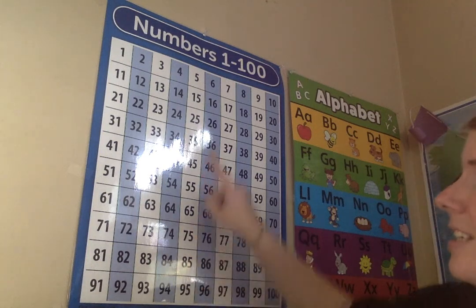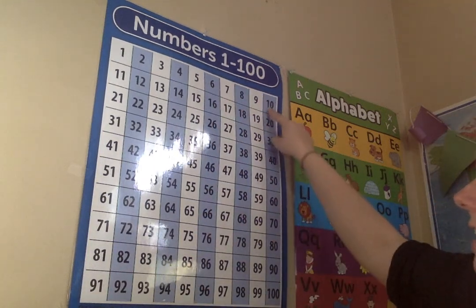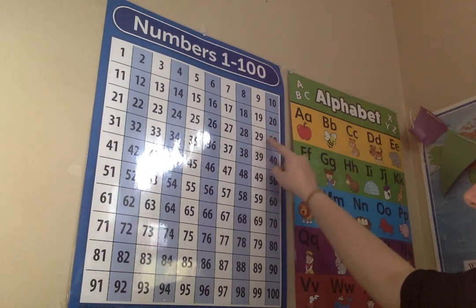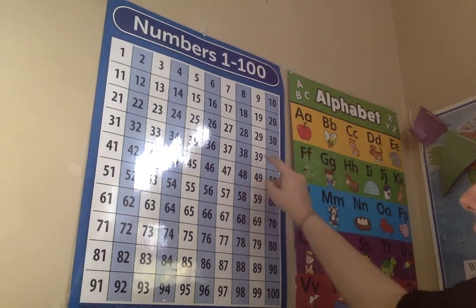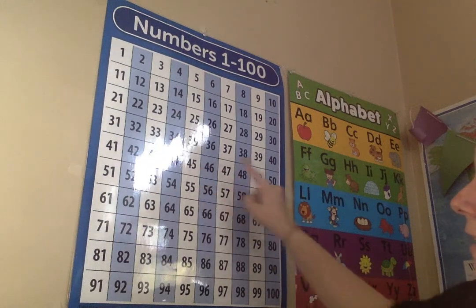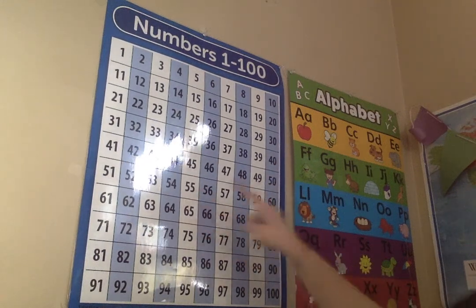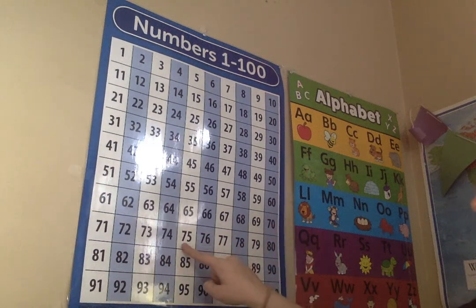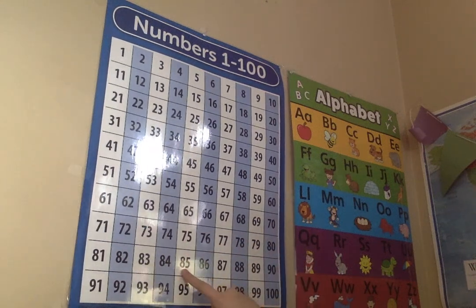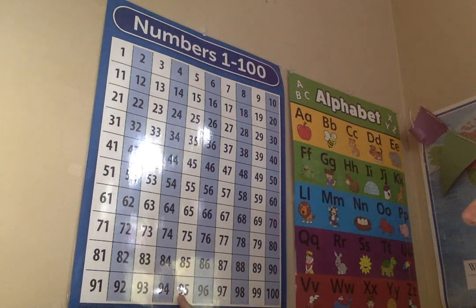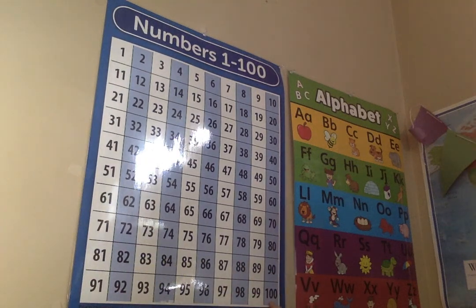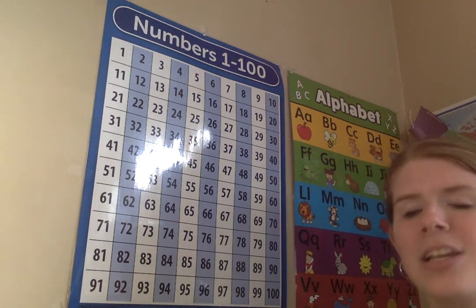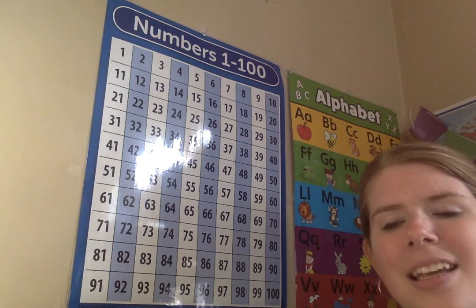It sounds like this. 5, 10, 15, 20, 25, 30, 35, 40, 45, 50, 55, 60, 65, 70, 75, 80, 85, 90, 95, 100. So we just counted the whole way by 5's to 100.